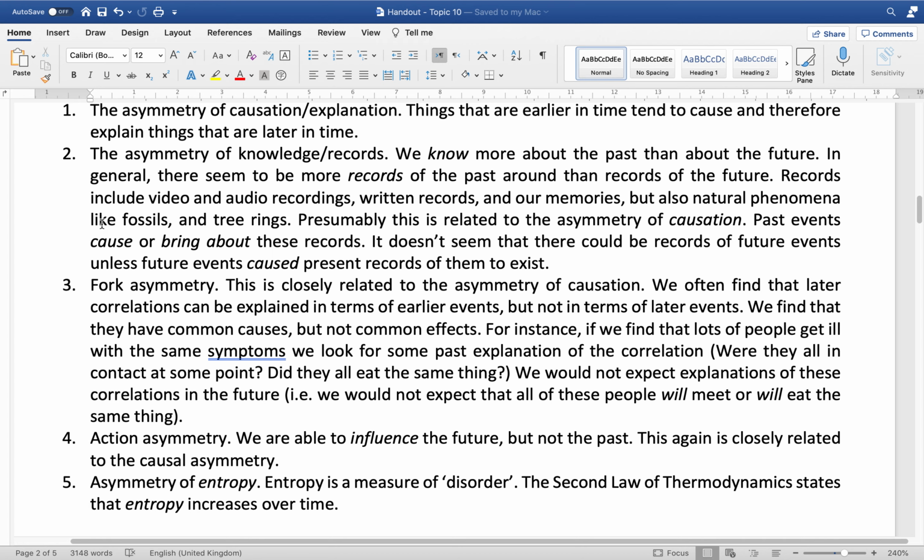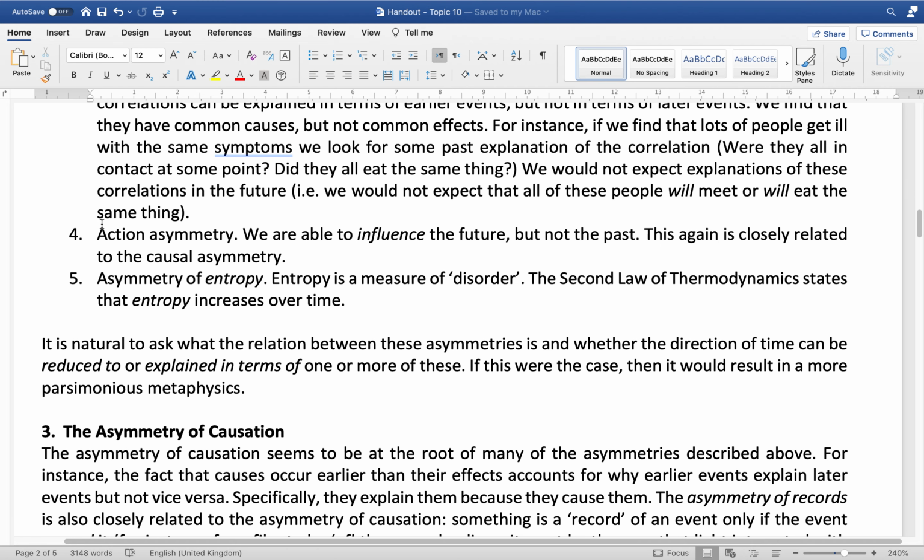Finally, another interesting one, which will take a bit more elaboration and which we'll return to later, is the asymmetry of entropy. So this is a little bit more technical, physics-based.